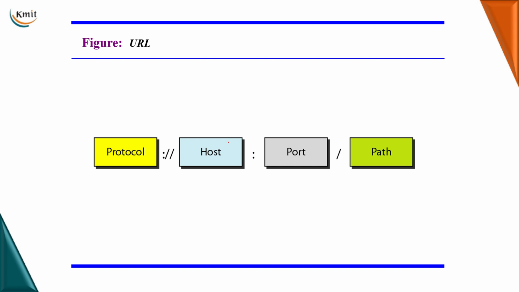The general format of a URL is protocol://host:port/path, where protocol specifies the protocols like HTTP or FTP. The host specifies the computer on which the information is located. The port specifies the port number of the server program, and path specifies the location of the file.